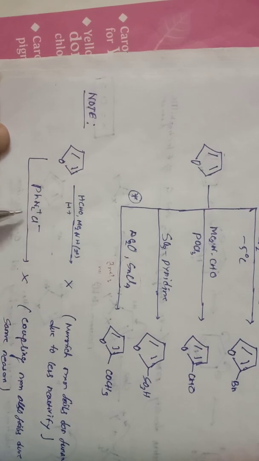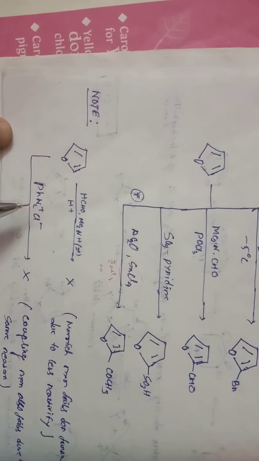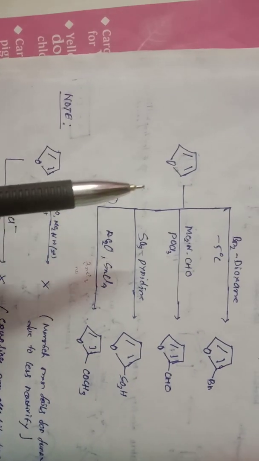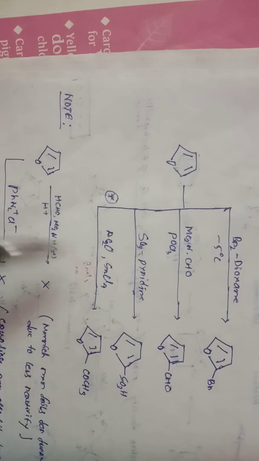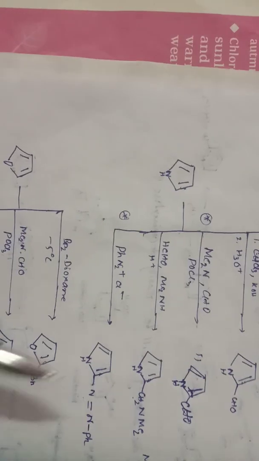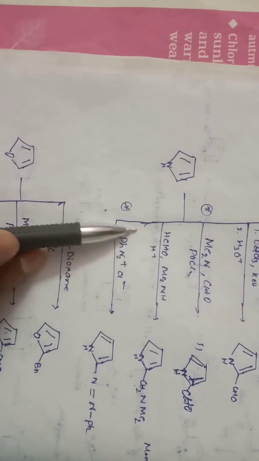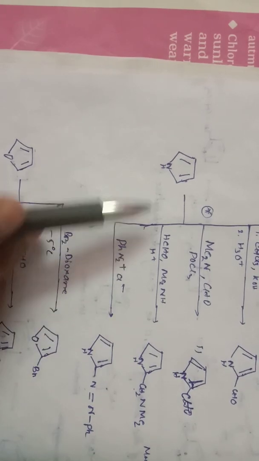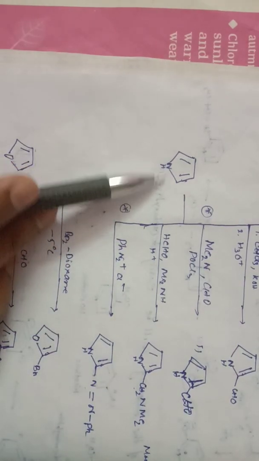Similarly, in the presence of benzene diazonium chloride, this reaction also fails in the case of furan. But in the case of pyrrole, this reaction takes place easily. Here we can see that this reaction easily takes place at the C2 position with an azo bond in the case of pyrrole.